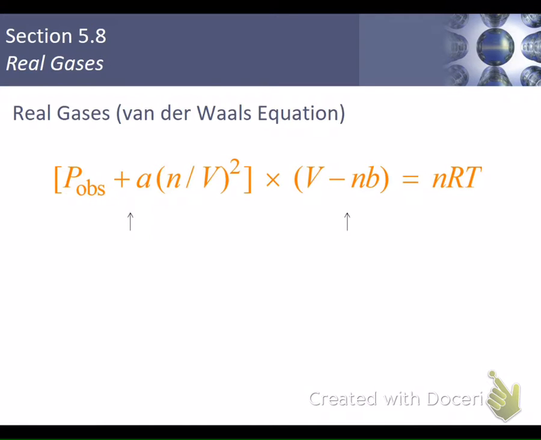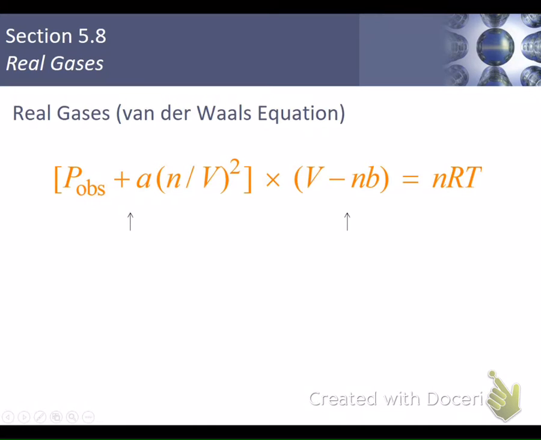So there are then gas laws that allow us to fix or correct the ideal gas law, the regular PV equals nRT equation. You can kind of see here, this is called the van der Waals equation, but it's really very close to PV equals nRT. Over here you have the nRT on the right. And then over on the left-hand side, you have a couple of terms here. There's your pressure term, and there's your volume.